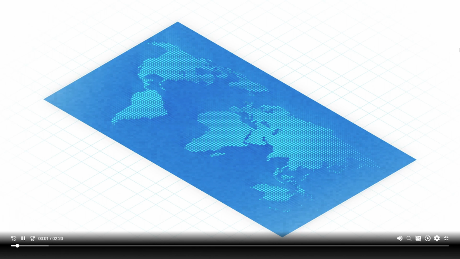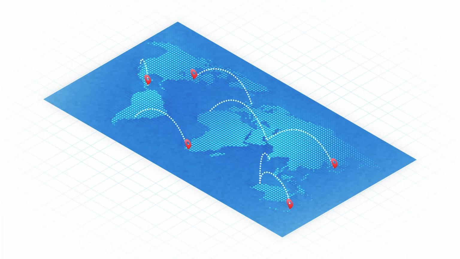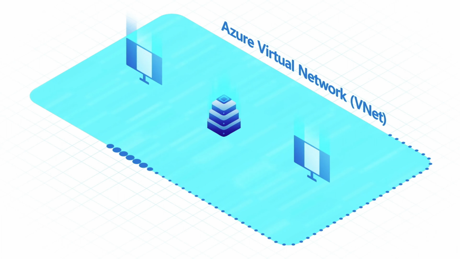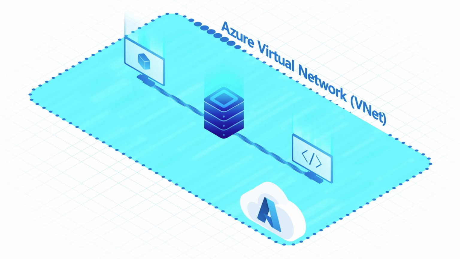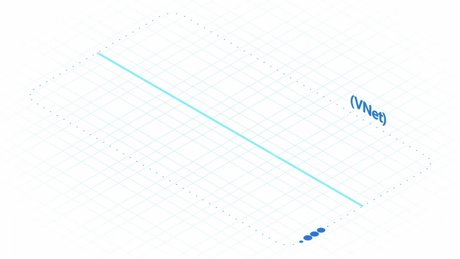Managing a distributed network infrastructure that's organized, dependable, and secure can be challenging. Azure Virtual Networks offer a solution for organizing, securing, and connecting cloud resources seamlessly. An Azure Virtual Network, VNet, is a secure, isolated network environment in the Azure cloud, allowing you to create and manage virtual machines, services, and resources in a logically isolated network.